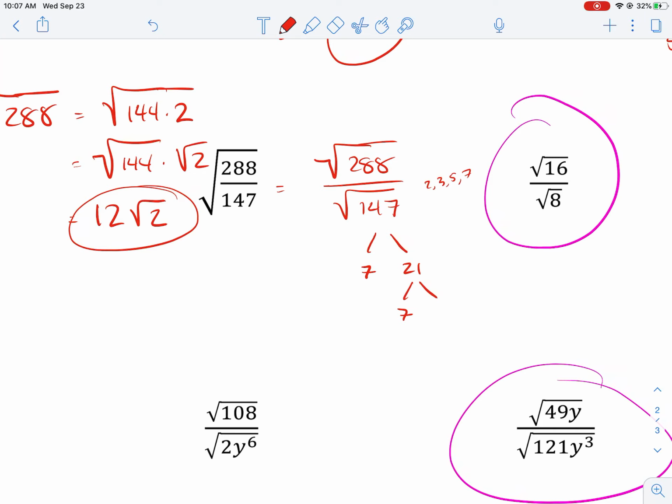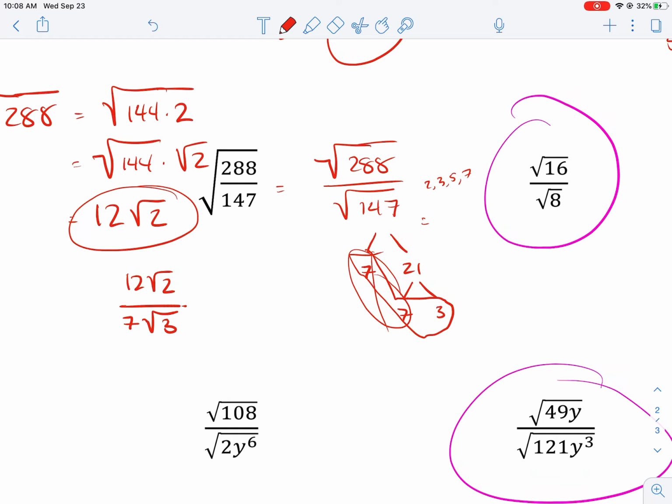So 7 and 3. Here's our hockey stick. It's got a pair of 7s, so we can bring that out, and the 3 stays behind. So our answer so far is 12 times the square root of 2 over 7 times the square root of 3.